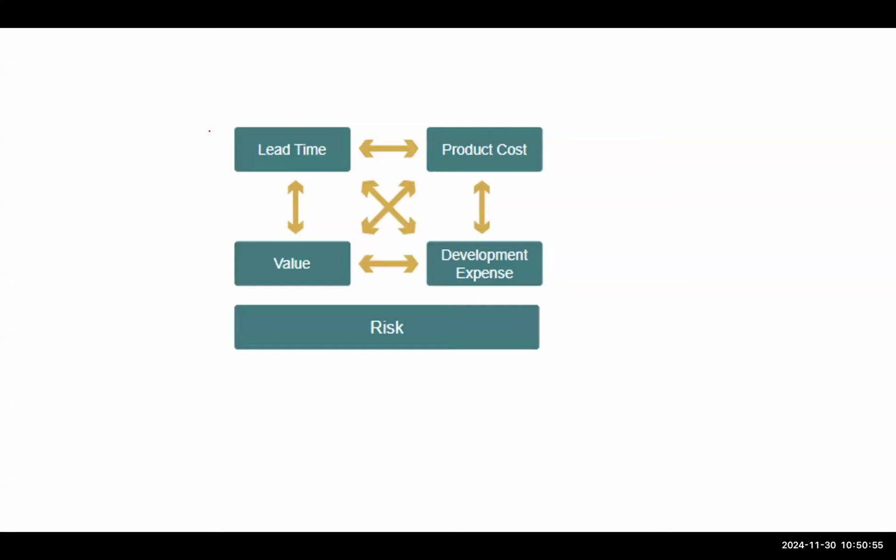Okay. Now we want to reduce the lead time, right? So we are touching one of the parameters. The moment we start tweaking or plan to tweak the lead time, what does it mean? Obviously, it will impact the quality, either in a positive way or a negative way, we will figure it out.